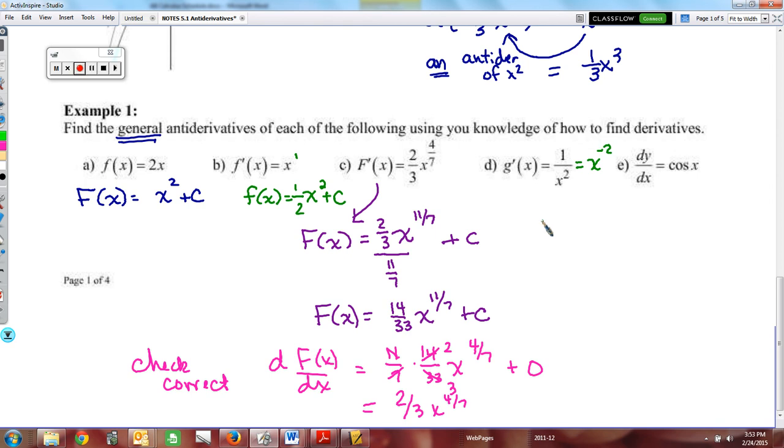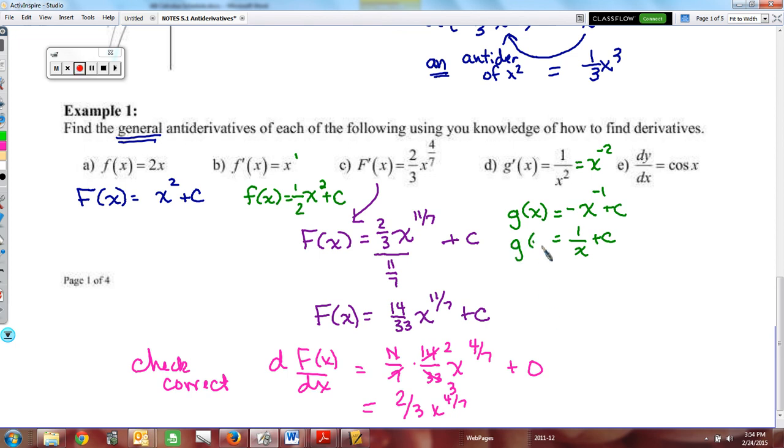That way I can do the antiderivative of this by saying that the little g of x, that would be my notation for the antiderivative, I'm going to add 1 to my power. -2 plus 1 is -1. And then I'm going to divide by that -1. Dividing by -1 is the same as multiplying by a negative. So we end up with -1/x plus c.